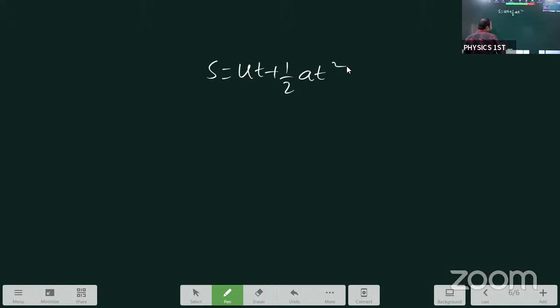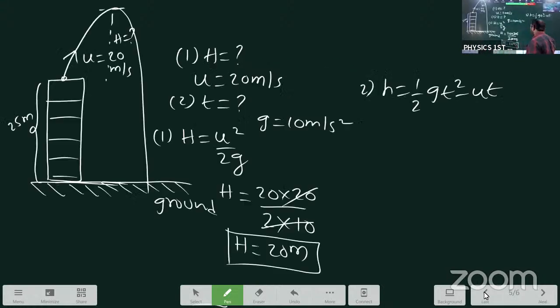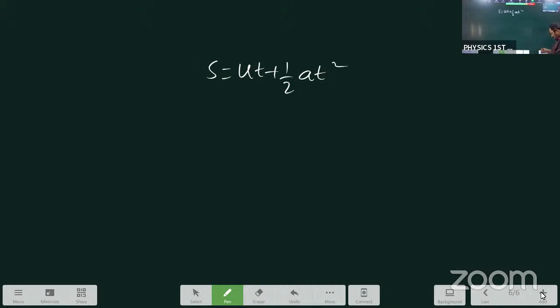Now see, S means displacement. Listen carefully, all members. Here, S equals UT plus half AT square, this is the height.